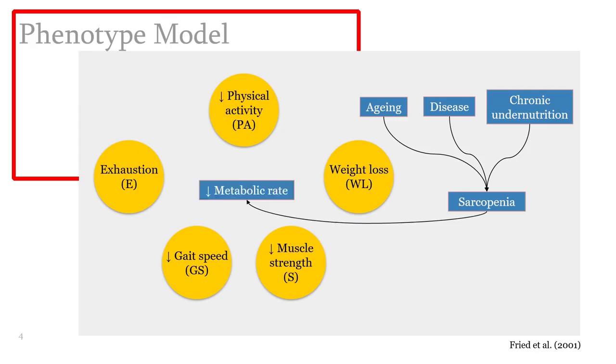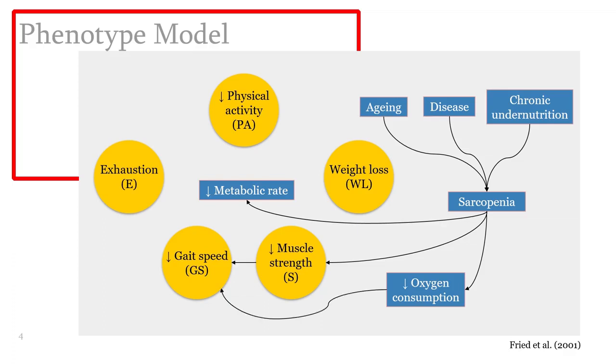Then, the sarcopenia leads to a reduced metabolic rate, reduced muscle strength, and reduced oxygen consumption. Reduced strength and reduced oxygen consumption lead to reduced gait speed. Then, it will lead to exhaustion. When exhaustion meets reduced metabolic rate, the consequence is lowering the energy expenditure, that is, lower physical activity level. The low physical activity level would induce weight loss, and the cycle repeats.